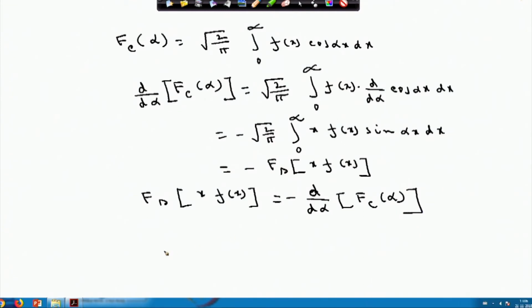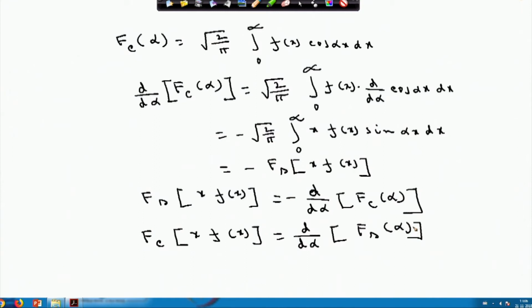This completes the proof. In the same fashion, I can prove that the Fourier cosine transform of x f(x) equals, minus will not be here, d by d alpha of the Fourier sine transform of alpha. This part you can check on your own.